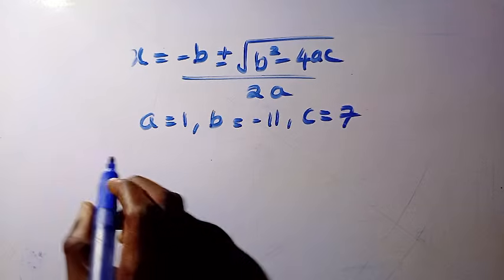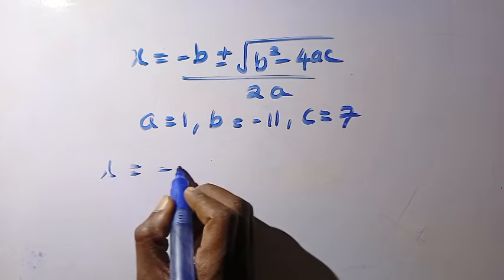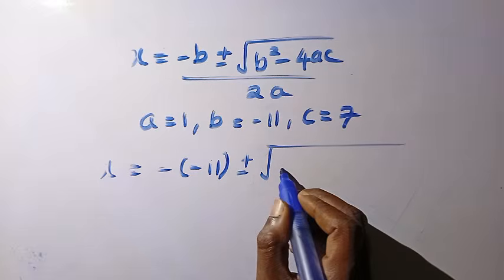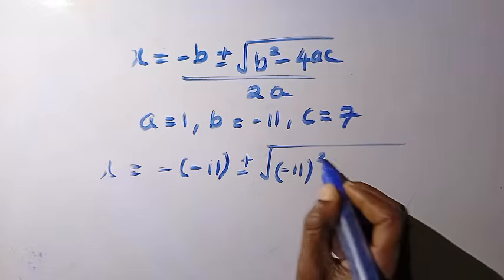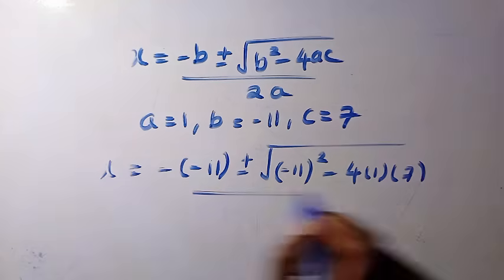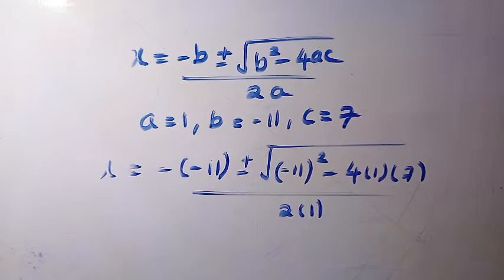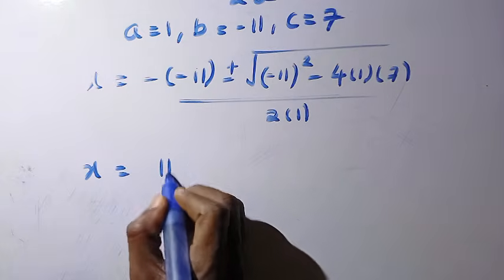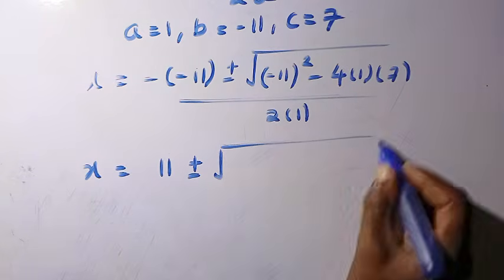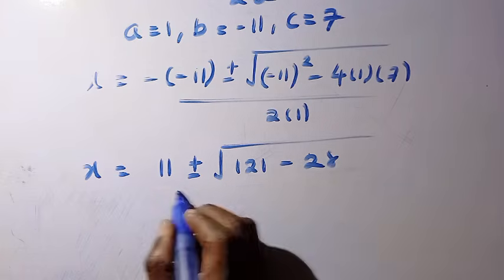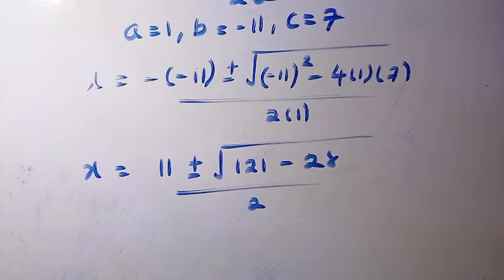Then we substitute and we have x equals minus minus 11 plus or minus square root of minus 11 squared minus 4 multiplied by 1 multiplied by 7, all divided by 2 multiplied by 1. Next we have x equals 11 plus or minus square root of 121 minus 28, divided by 2.